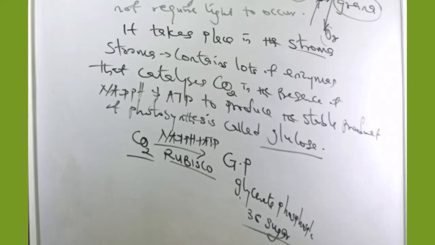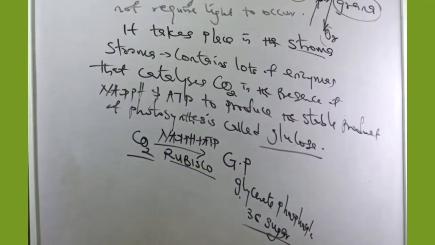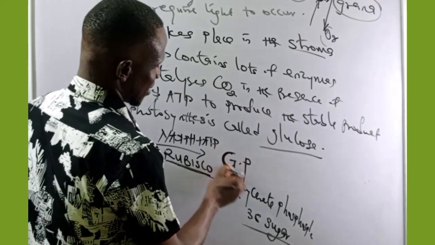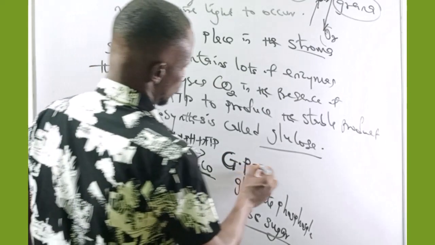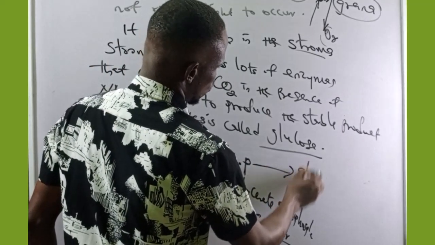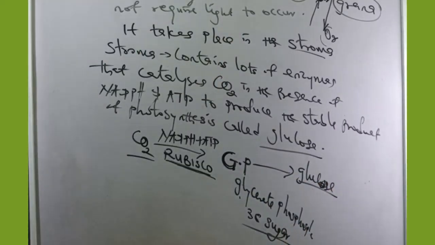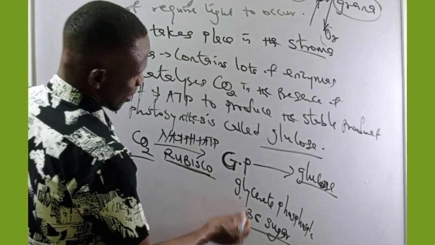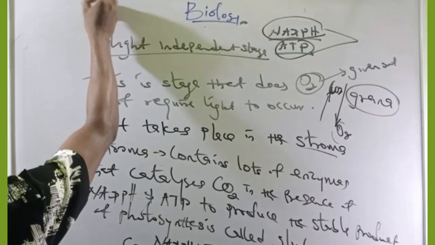So the whole process that takes place here is a result of the activities of enzymes. This glycerate phosphate, the first product, will be quickly used to produce glucose, which is a six carbon sugar. Plants where the first product produced is glycerate phosphate are called C3 plants.